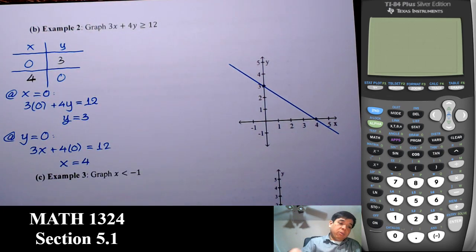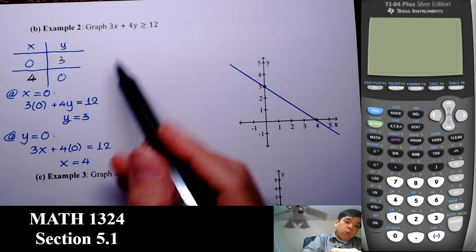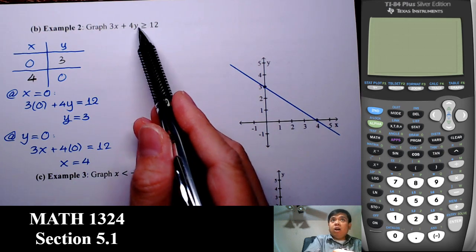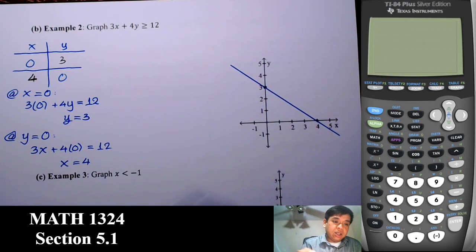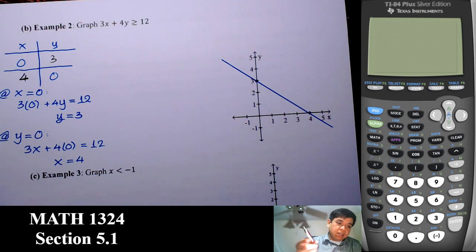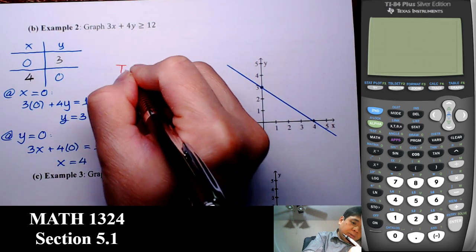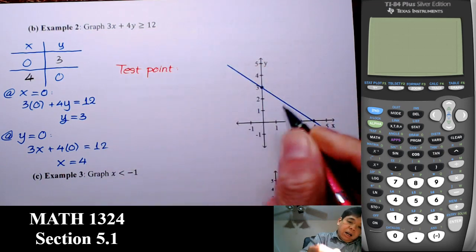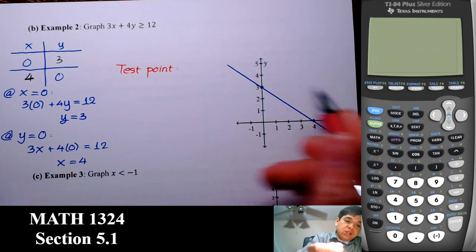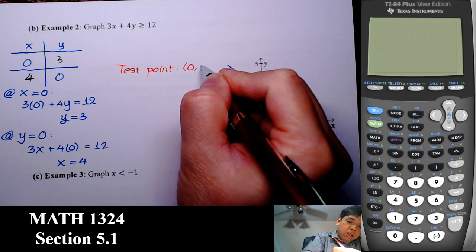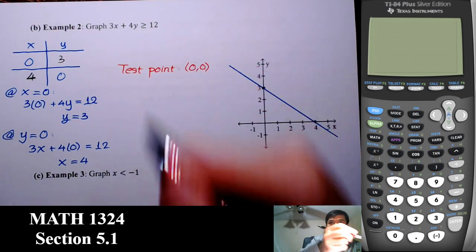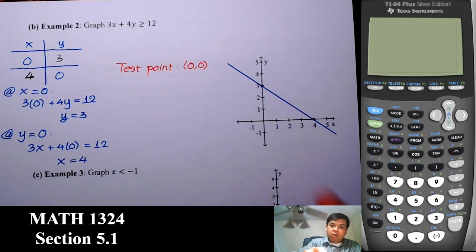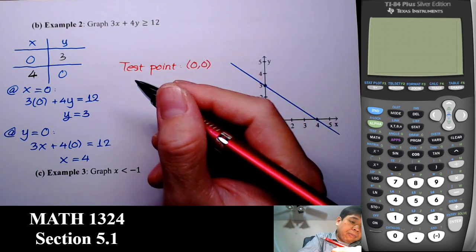Remember, when we find the points, we always assume the equal sign. Now next is the test point. Again, the point 0, 0 is not on the line, so we can use that. If the point 0, 0 is on the line, we have to do something else, because the test point is not supposed to be on the line.